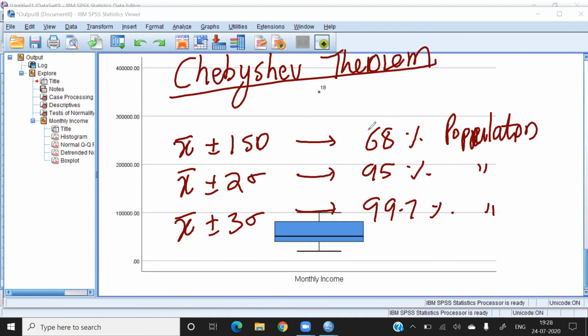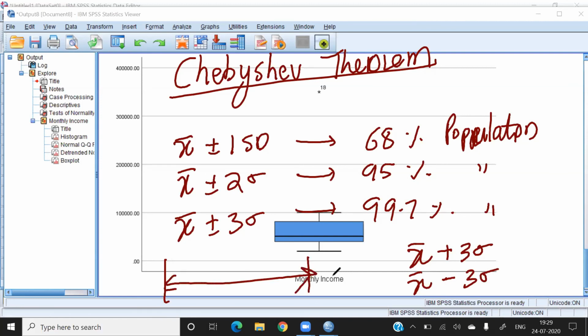So what will the software do? The software will calculate the mean plus 3 standard deviations and the mean minus 3 standard deviations, and on the basis of this, it will calculate a range. Your population should come within this range. So any value lying outside this range will be treated as an outlier.